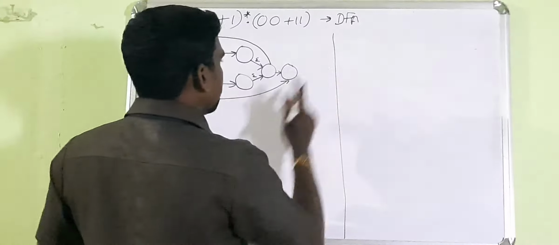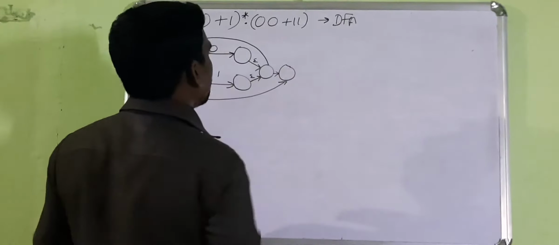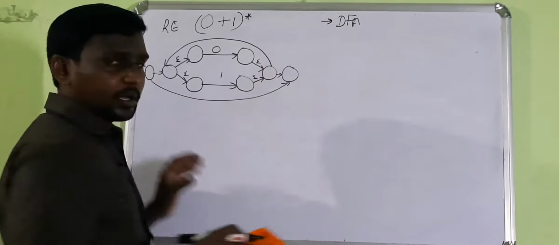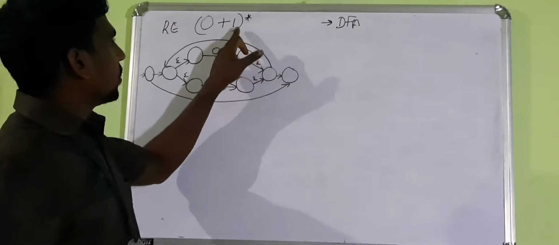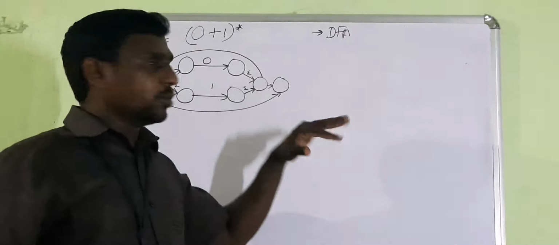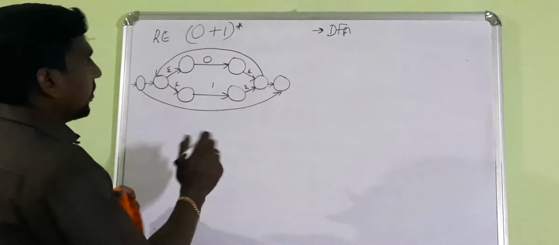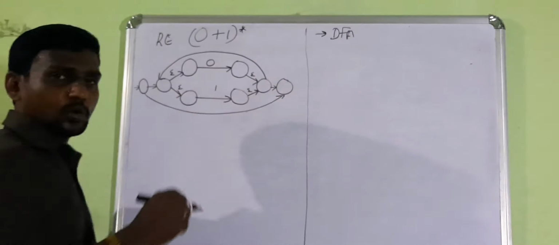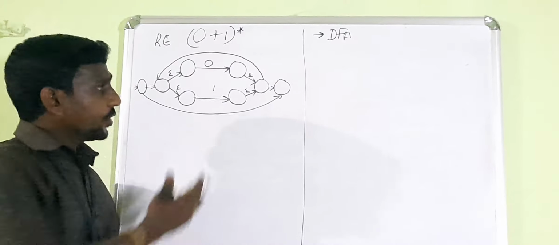You can try to find the DFA for the regular expression (0+1)* 0 0 + 1 1 by using this method; I have given that in our notes. So we will see the smallest problem. The same method you can use for any regular expression they have given.